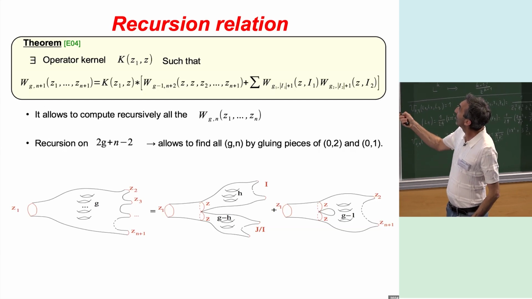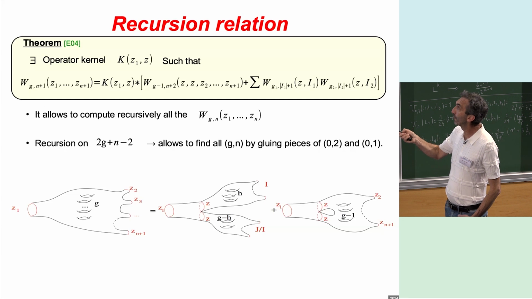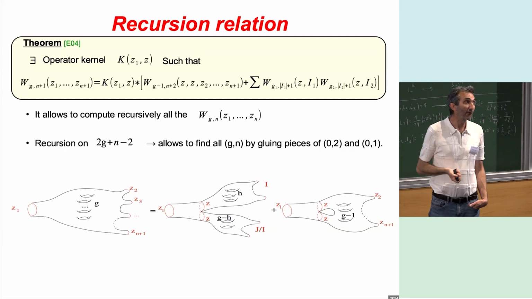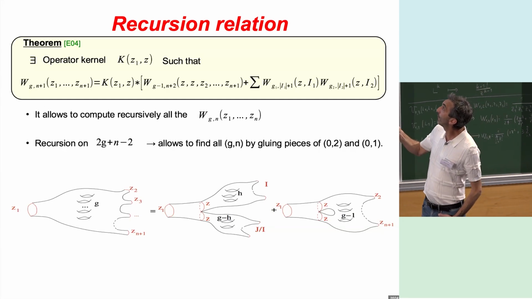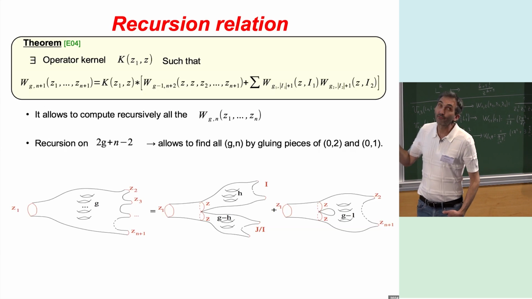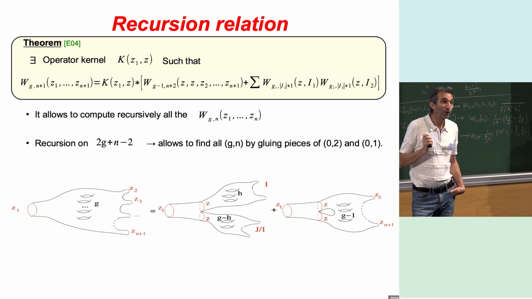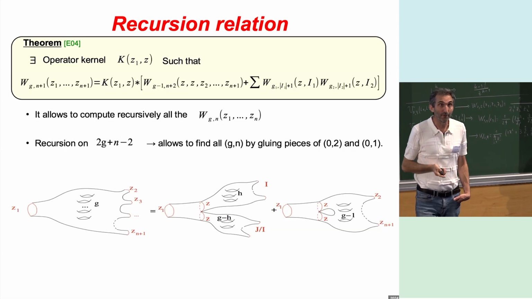The other term, this sum, is the sum of all the possible ways to again remove this pinched pair of pants. What remains can be either connected of genus g minus 1, or disconnected, with a part of the genus there, a part of the genus there, and a part of the boundaries there and a part of the boundaries there, in all possible ways. The only restriction in this sum is that I never allow disks on the right-hand side, but then it's a recursion.